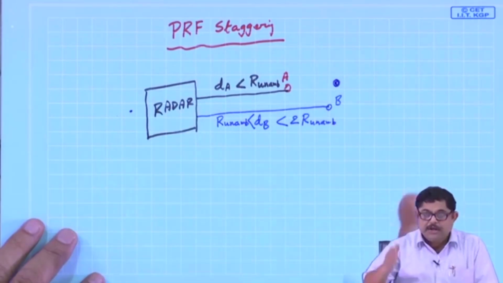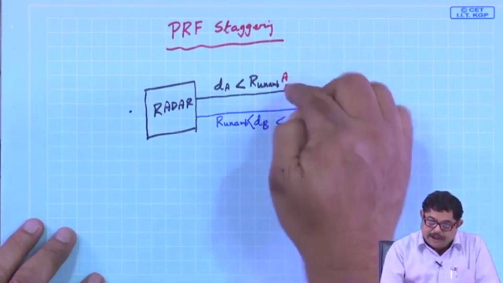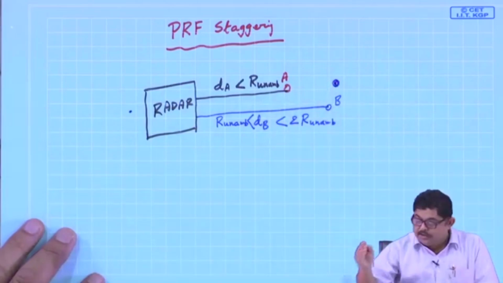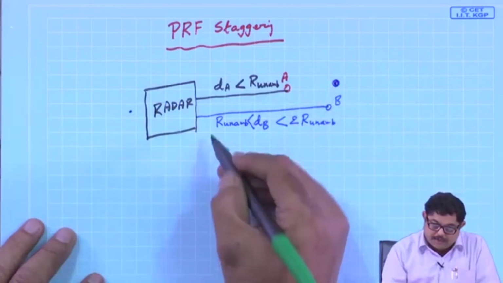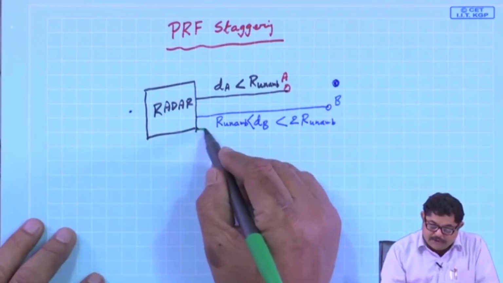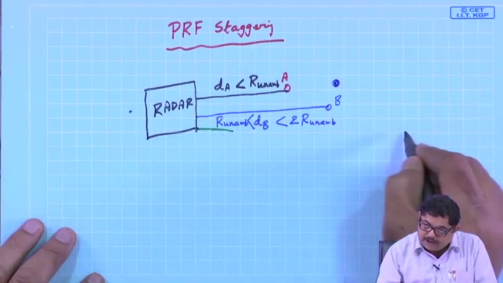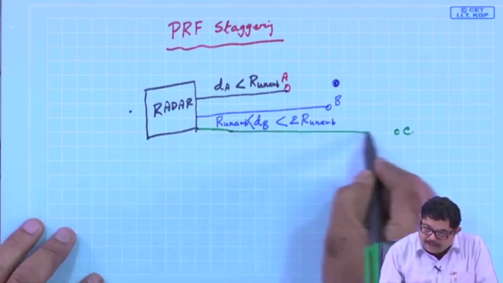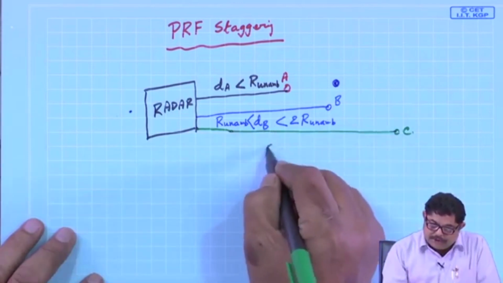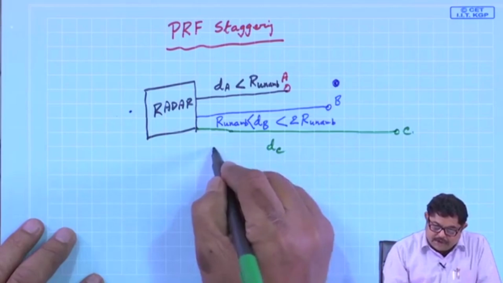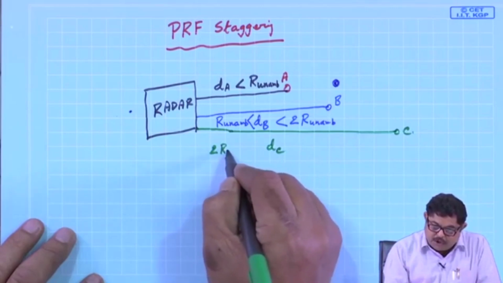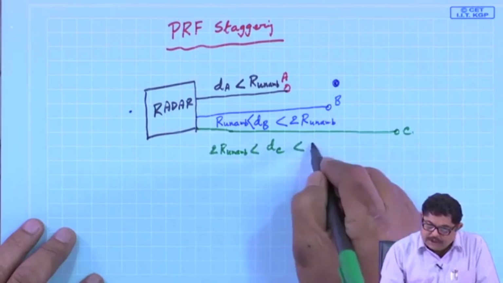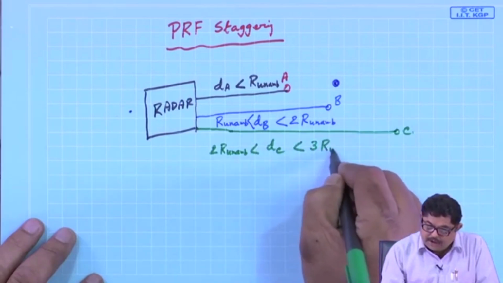So, it is greater than the unambiguous range, but less than 2 R unambiguous. Similarly, there is another object at C, and its distance I am calling d C. This is greater than 2 R unambiguous and less than 3 R unambiguous.